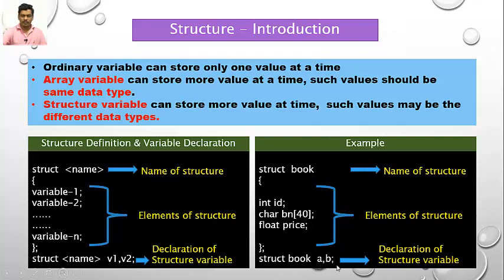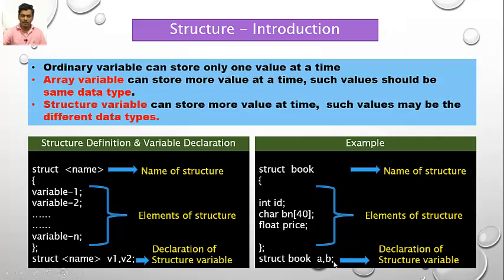Then struct book a, b is the declaration of structure variables. A and b are structure variables. So structure variable a stores 3 kinds of data types, 3 kinds of values: one is integer, then string, third one is float.